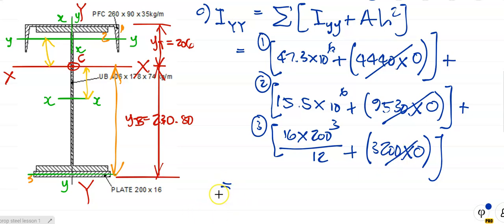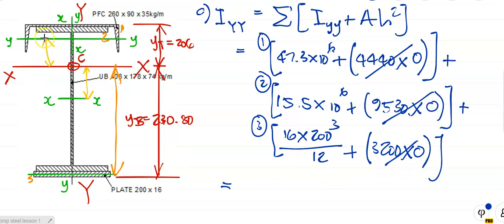Now people, I could have said this in the beginning, but I'm going to say it now. When there's symmetry, in many cases, not all cases, that distance is 0. You must learn to know in which cases it's going to be 0. Because of the symmetry about the y axis, the horizontal distance is 0.